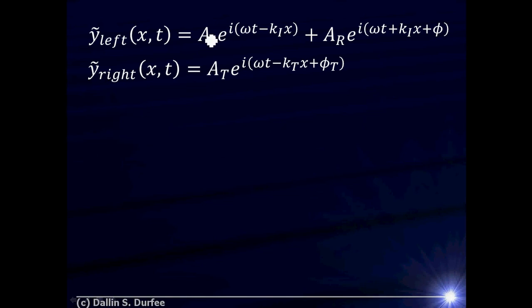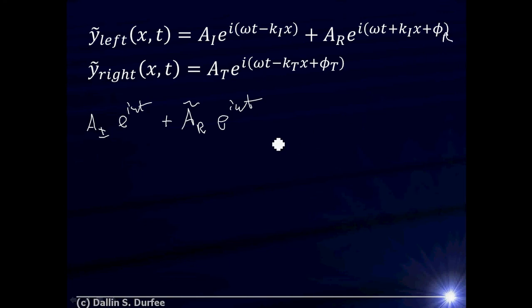Our first boundary condition was this evaluated at x equals 0 has to equal this evaluated at x equals 0. So at x equals 0, this is just a_i e^(i omega t), and x is 0, right? And then we have plus a_r e^(i omega t), k_i x, that goes to 0 because x is equal to 0, and then we have i phi. But I'm going to do this trick where I take e^(i phi) and absorb it into my constant and make a complex amplitude, so I don't have to keep pulling that phase shift around with me.